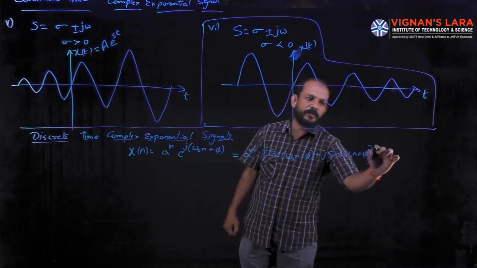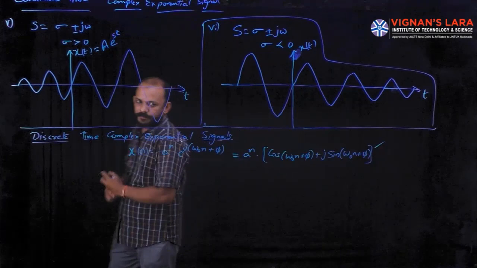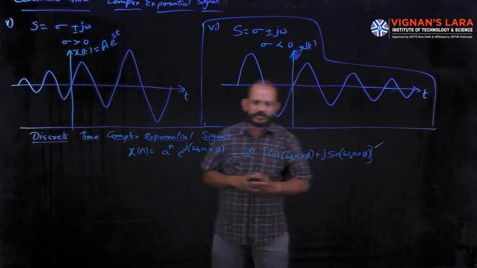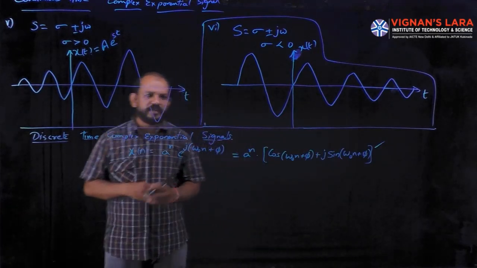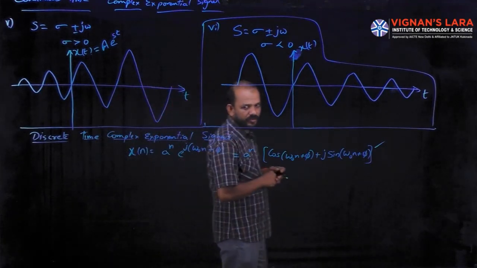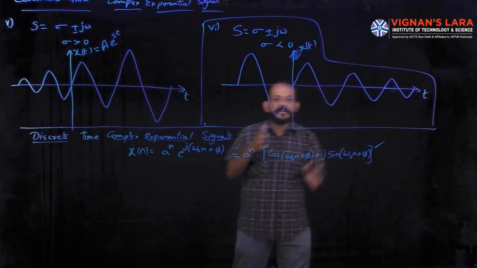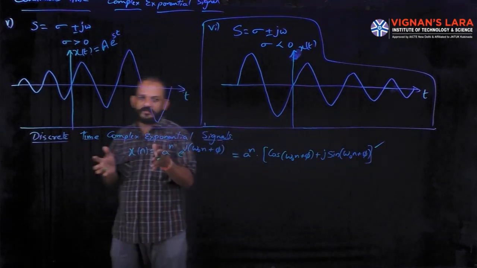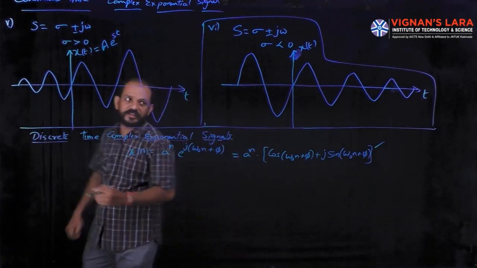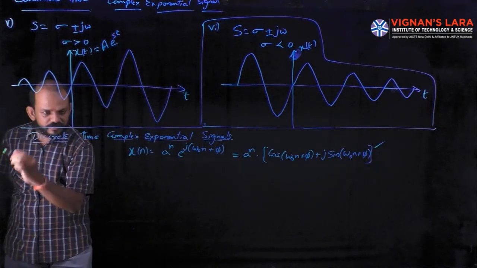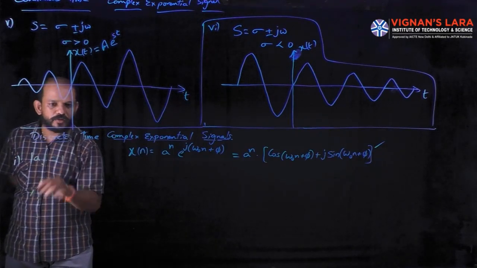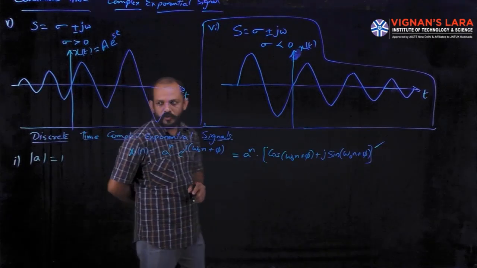Discrete time complex exponential signal. Here we will have three cases, and the three cases depend on the variable a. Here we have to consider mod of a, whether it is plus or minus, it is treated as plus. The first case is mod a equal to 1.